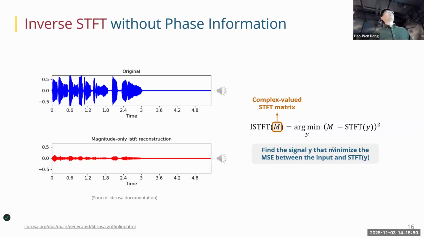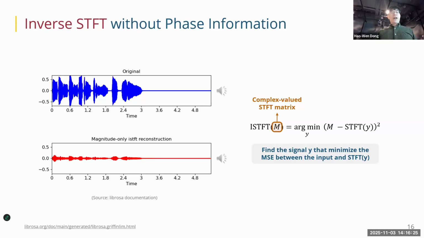And this is essentially what this optimization is doing, because you are trying to find the audio whose STFT is the closest to what you give it as the input. But it turns out this is what you get. If you just grab the magnitude and try to find the audio signal that has the closest magnitude-only spectrogram to that, this is what you get. So it doesn't make much sense, right? It does have those frequencies, but just looking at those, it doesn't look alike.